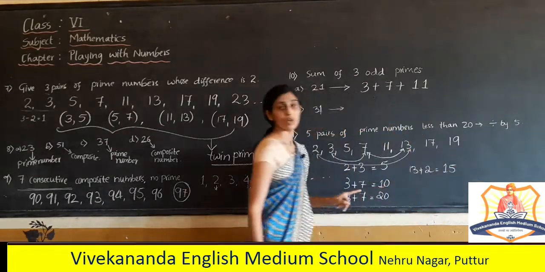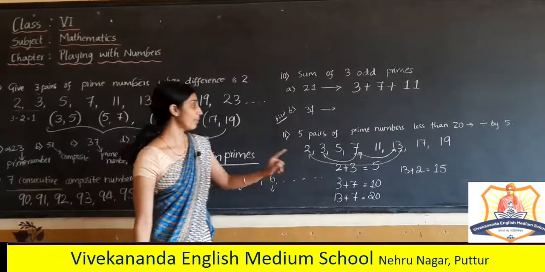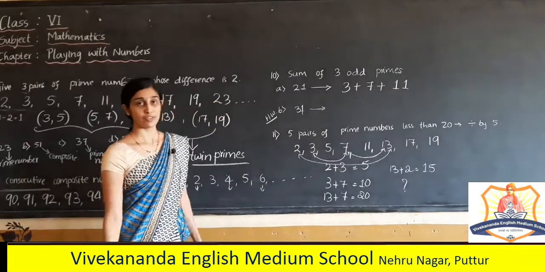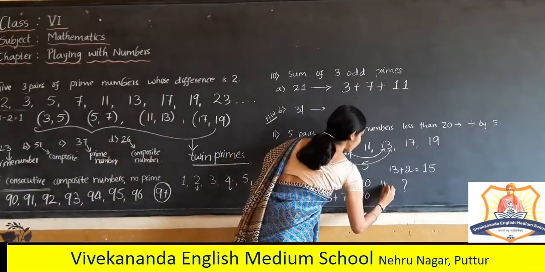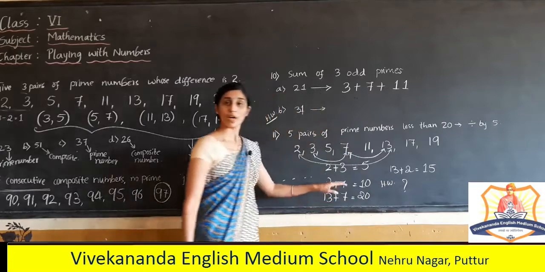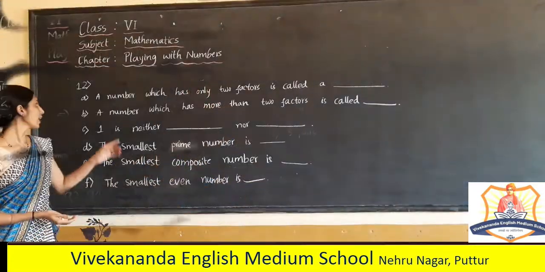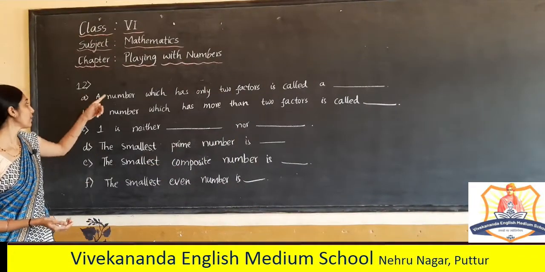So, it is divisible by 5. So, one more set, which one? You should find that out. That is homework for you. I hope you have understood this. Okay, next question. 12th one, fill in the blanks.